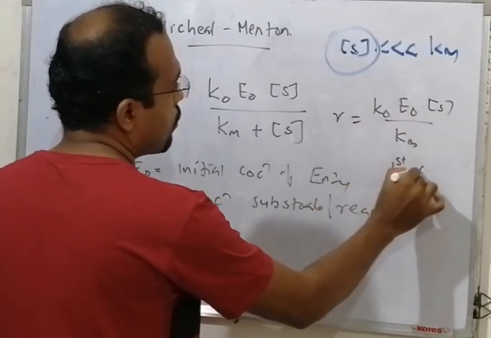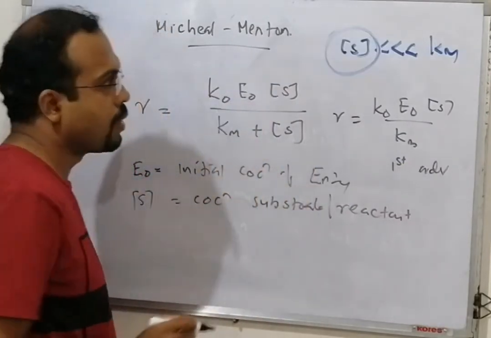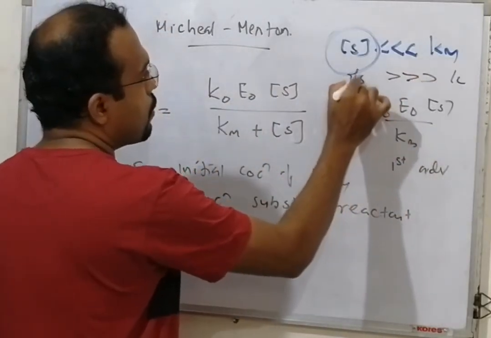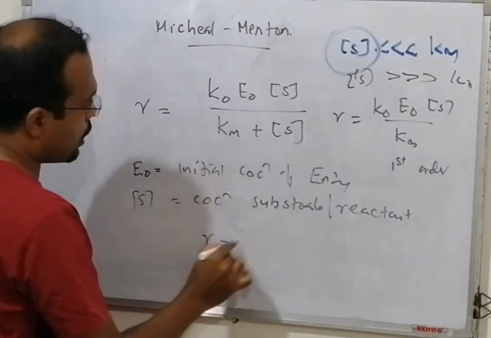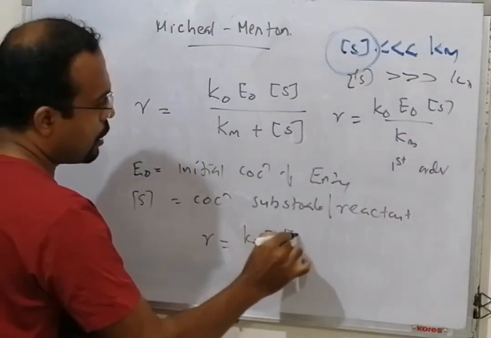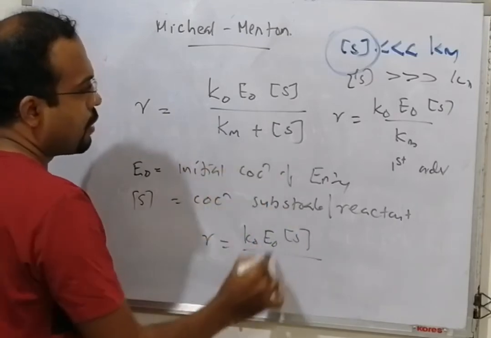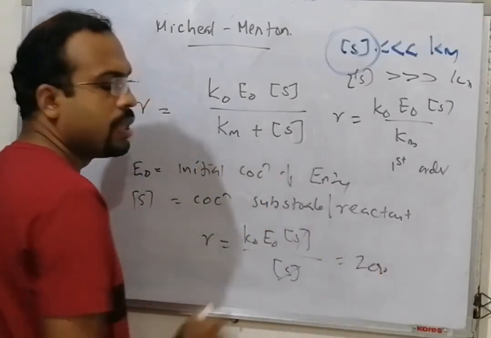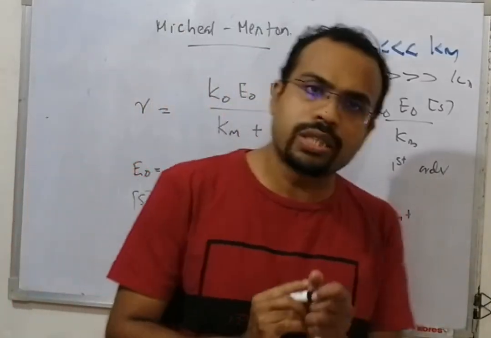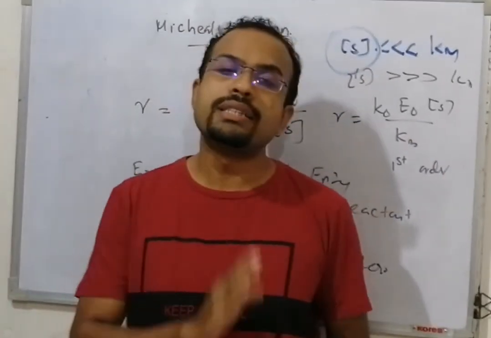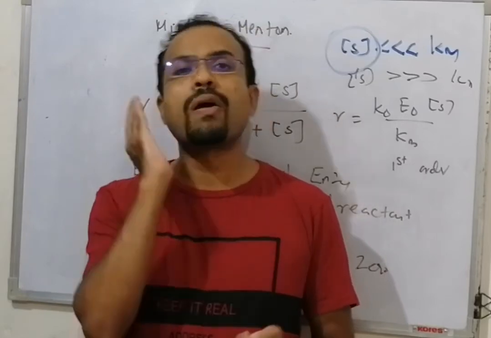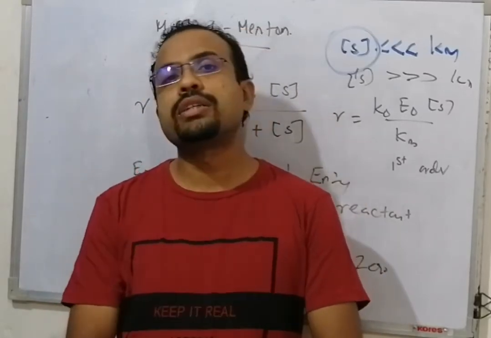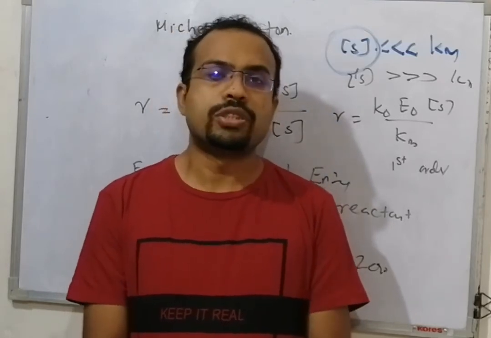Therefore, it is first order. But if the substrate concentration is high, S is much greater than Km, therefore R is equal to K0 E0 S divided by S. S and S cancelled. This is zero order. Therefore, at a high concentration of substrate, enzyme catalysis follows a zero order reaction. But at a very low concentration of substrate, it follows a first order reaction.